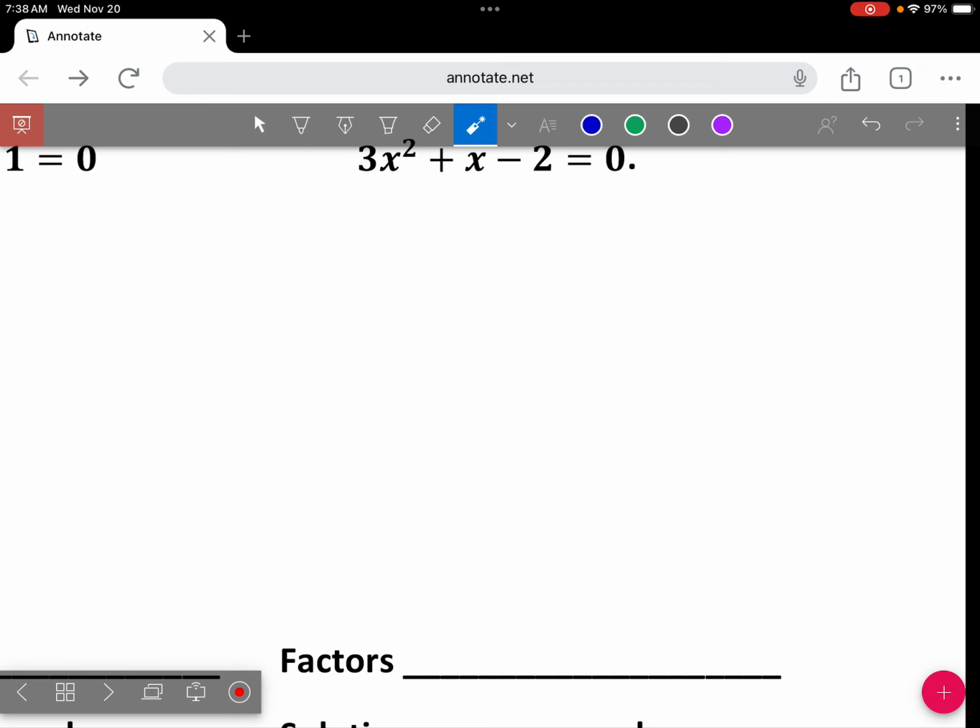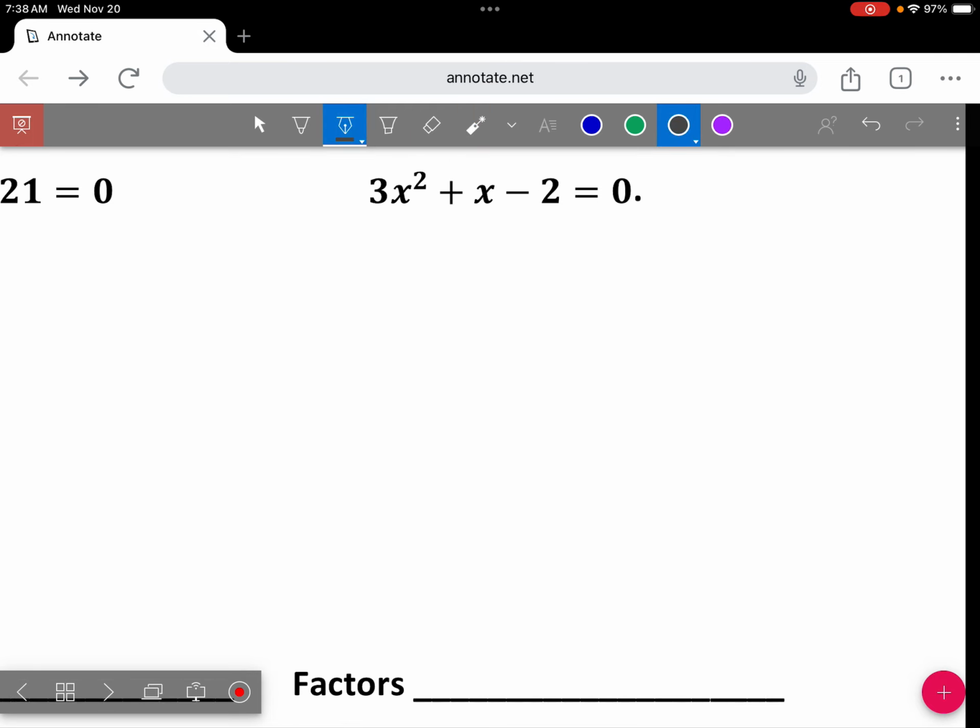So let's take a peek at it. We're told to factor and then solve. So when we factor things, how do we start? What should my first step be? Try the X thing.